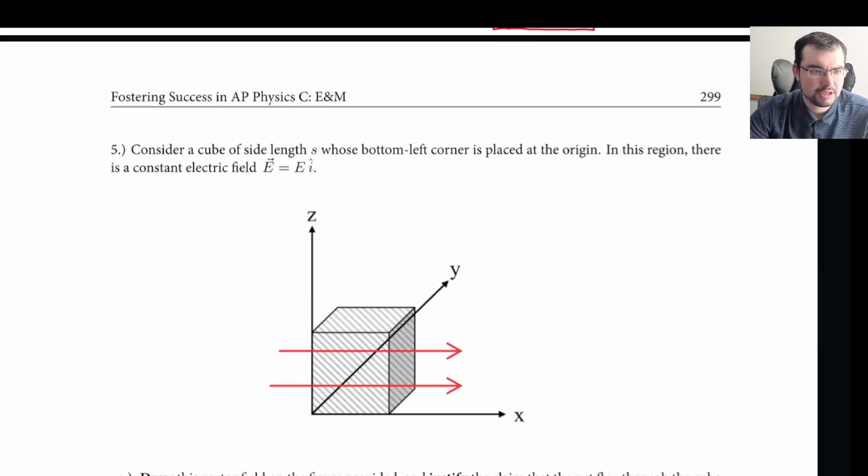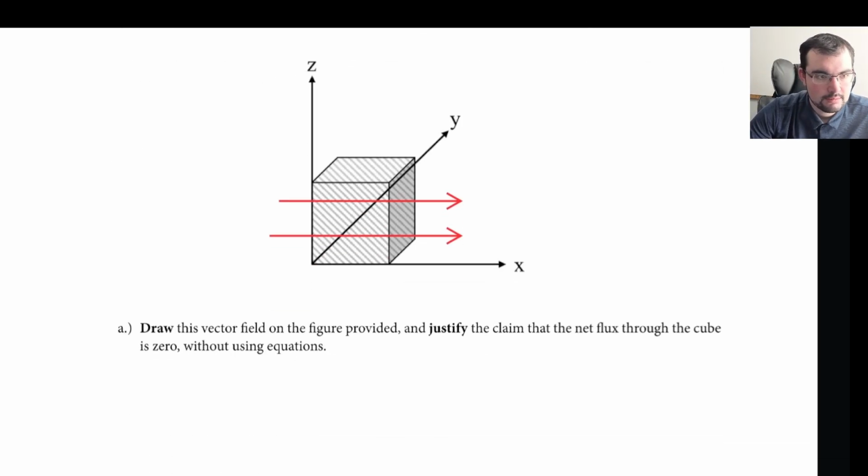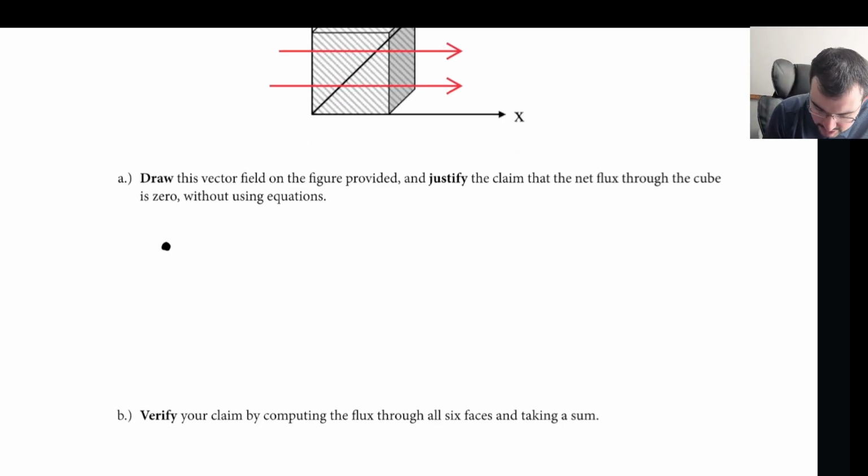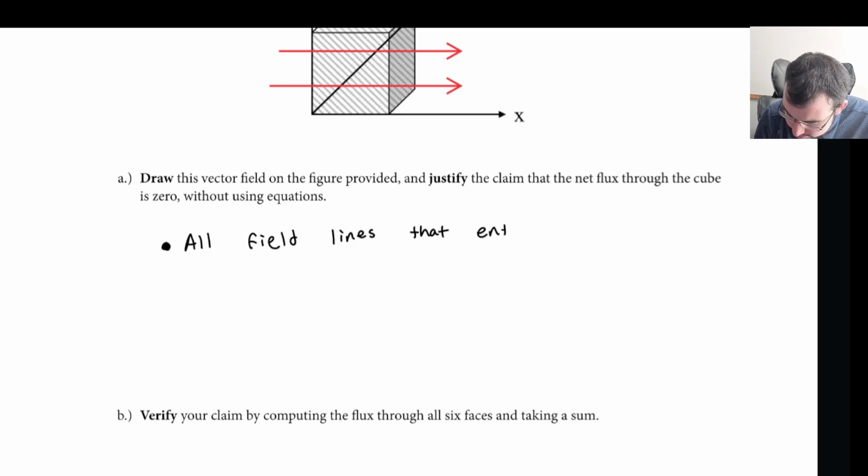Well, just based on this picture, we said the flux, that's the net flow into or out of the surface. And just based on this diagram, similar to one of the ways we justified Gauss's law for magnetism, we see that all field lines that enter the cube exit with the same magnitude.